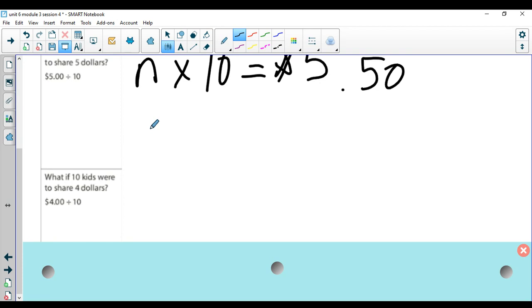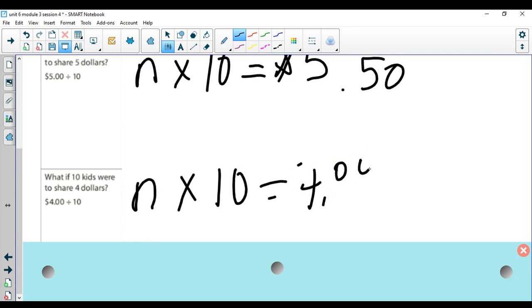Okay, so now if 10 kids were to share $4, knowing what we know, again, the unknown number times 10 equals $4. It's almost, you're $1 short now from what was up here. So you're $1 short. Divide $1 by 10 people, that's 10 cents.